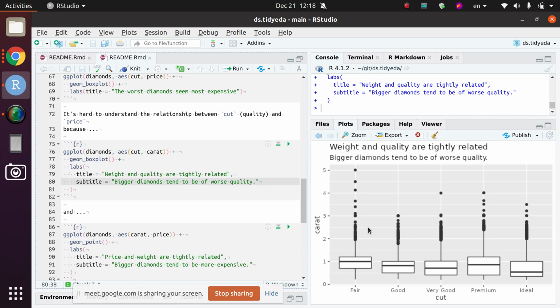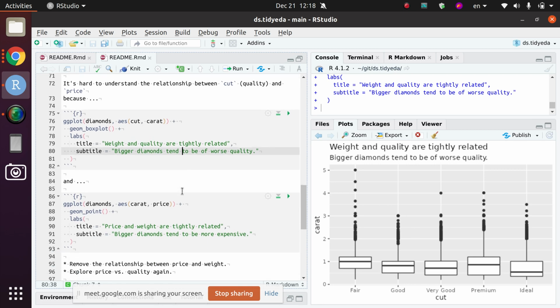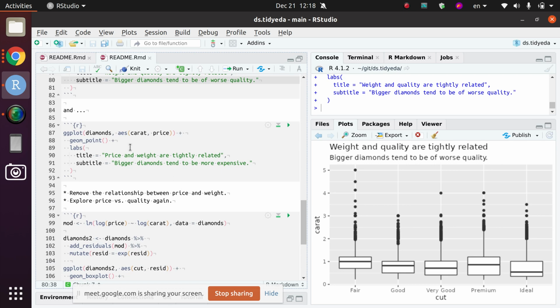When thinking about the relationship between the quality and the price, you also need to account for the size. This plot is saying that there is a relationship between the quality and the size of the diamonds that will complicate any understanding that you try to get from analyzing the quality with price. So this is one part of the equation, and then the other challenge is this other one.